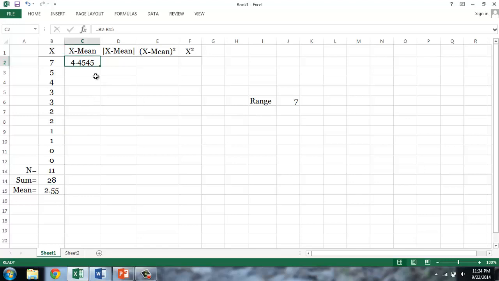Now I want to copy this formula into the rest of my cells, but I want each formula to reference the mean cell, and so I'll enter $ signs before the row and column labels for the mean.